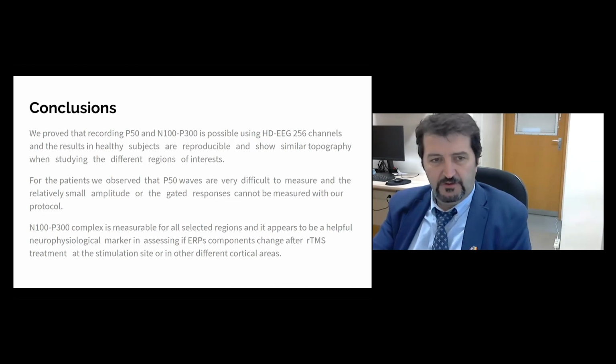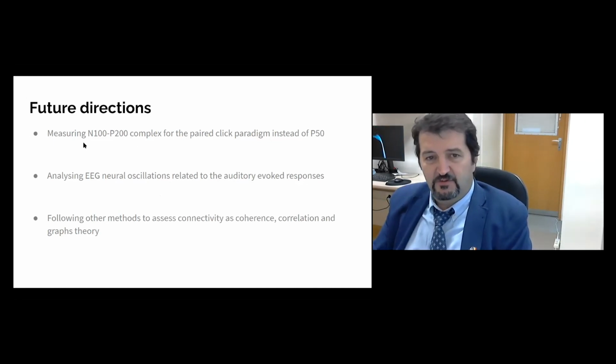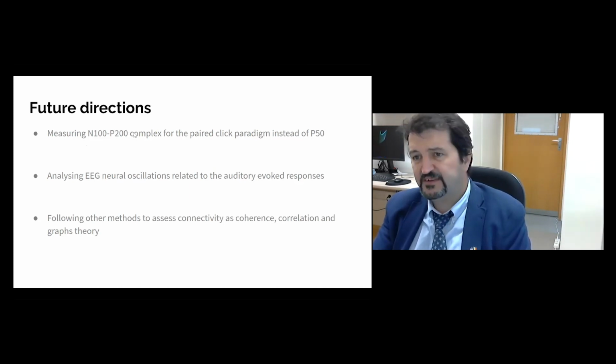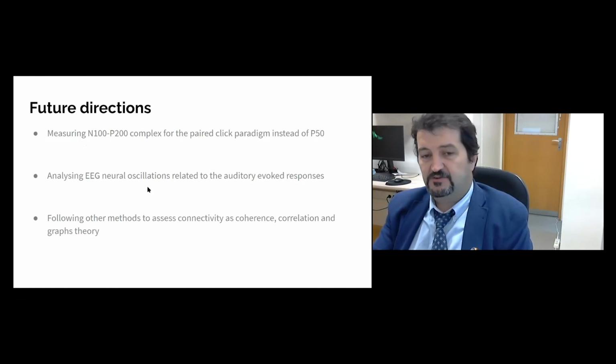And we have to keep in mind some future directions. As I said, this P50 is very small, so we suggest measuring the N100 component in this paired click paradigm, and also analyzing EEG neural oscillations, or following other methods to assess connectivity.